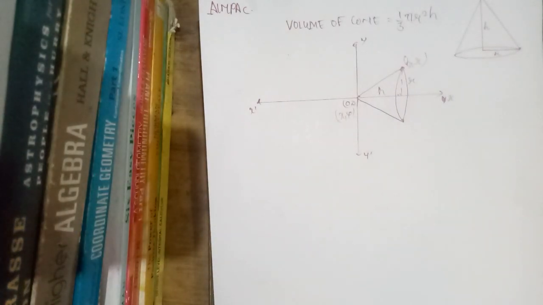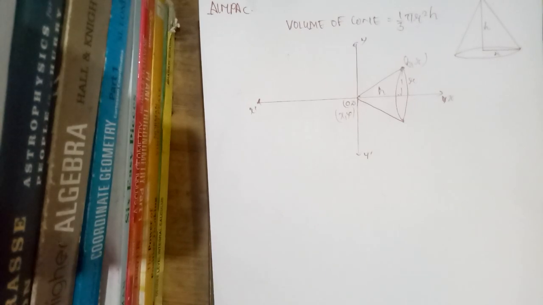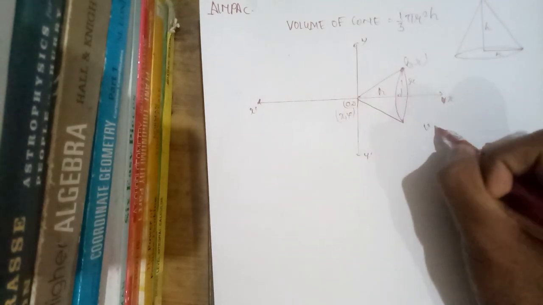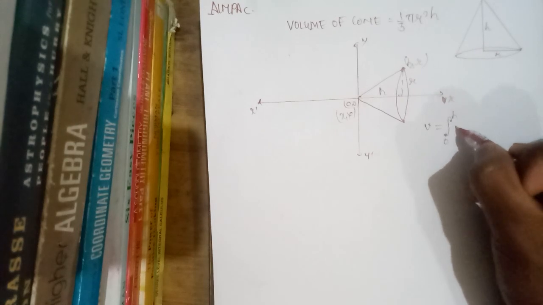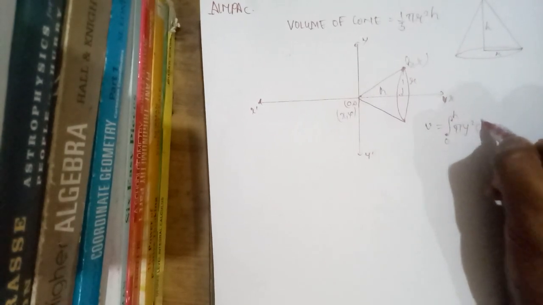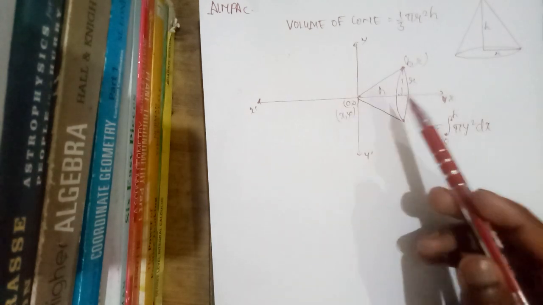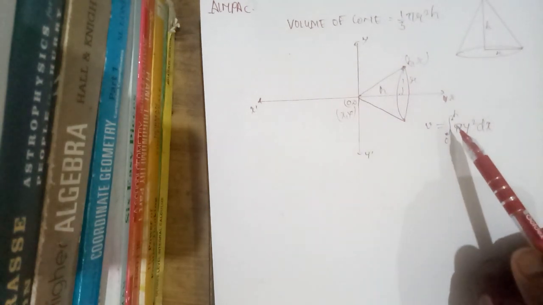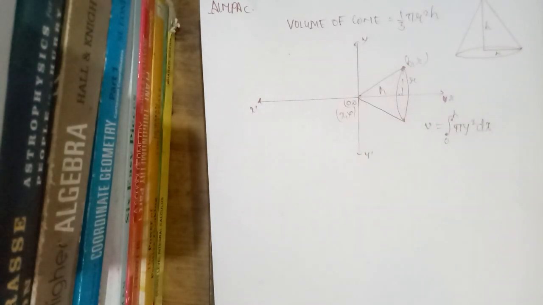So now we are going to derive the formula. The formula to calculate the volume in calculus is V equals the integral, with limits 0 to h, of pi y square dx. The limits are 0 to h because the coordinate at the center is 0, and we are integrating from 0 to h.